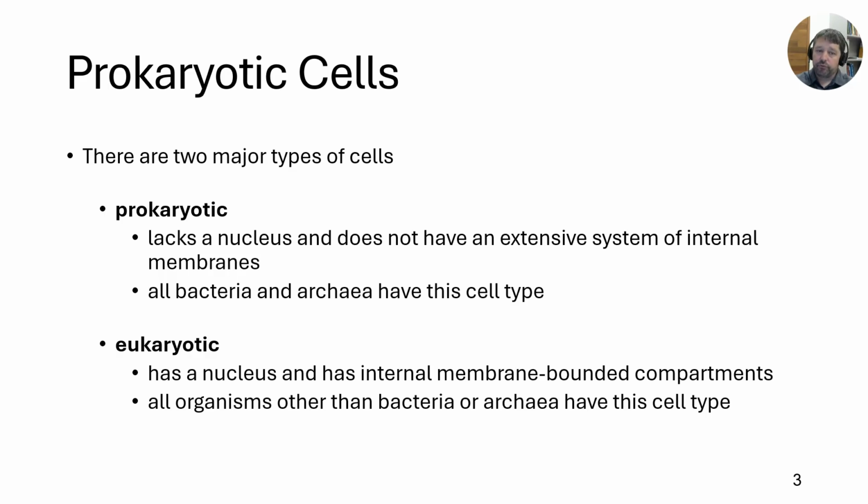Now, both are really important for human health. Obviously, we're a eukaryote, because we're an animal. But bacteria, things that often make us sick, are a lot of them prokaryotes. So sometimes we're dealing with things that make us sick that have the prokaryotic cell structure. Other times we're dealing with things that have a eukaryotic cell structure.